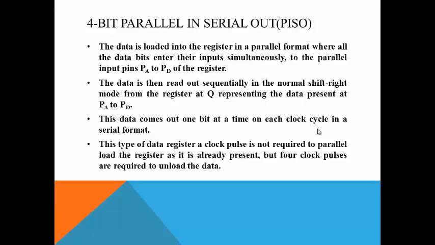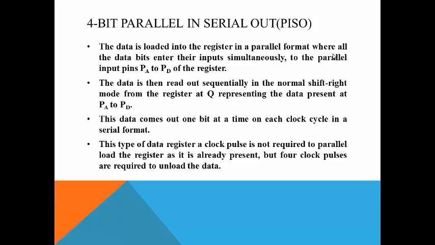And then parallel in serial out. The data is loaded into the register in a parallel format where all the bits enter simultaneously to the parallel inputs of all the 4 flip-flops A, B, C, D. The data is read out sequentially in the shifted mode.